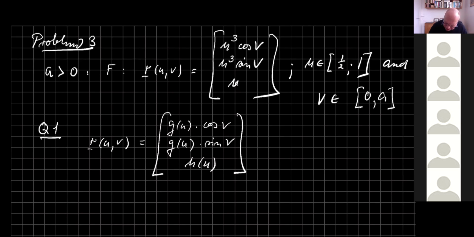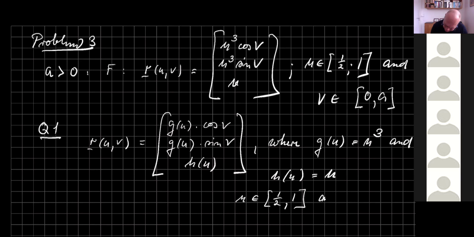You see, I can write it in this general form, provided that g of u is u cubed and h of u is equal to u. And again, u is running from 1/2 to 1, and v is from 0 to a.